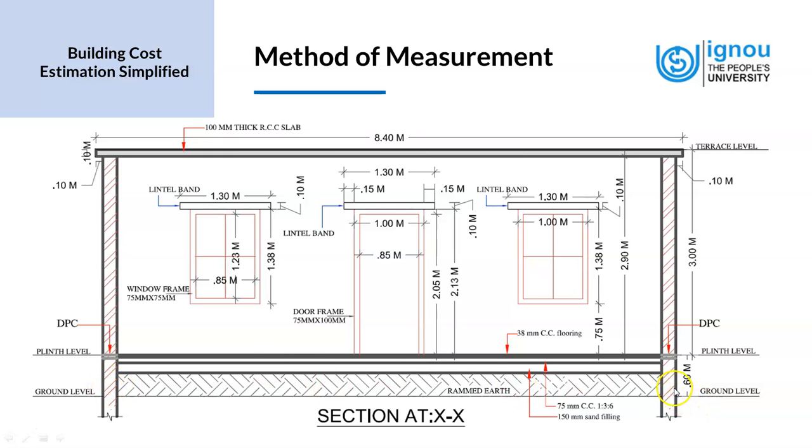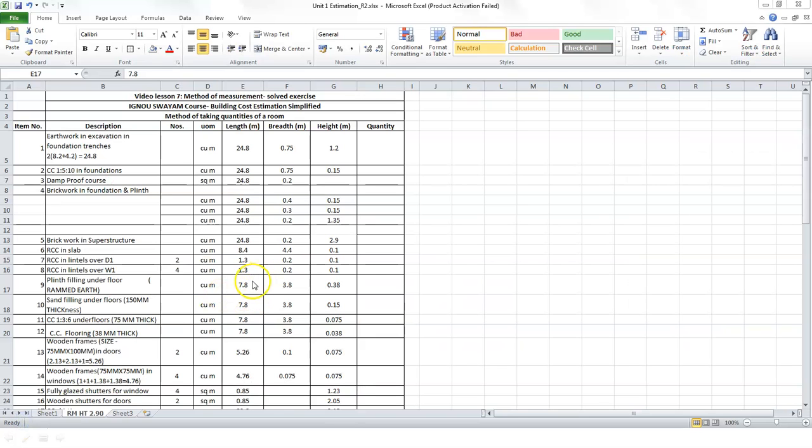The outer dimension of the brickwork is 8.2, and we have to subtract 2 brick thicknesses to get the rammed earth. So we subtract 8.2 minus 0.2, and again subtract the other wall thickness, which is 0.2. So we get 7.8 meters, and we've put in 7.8 meters as the length.